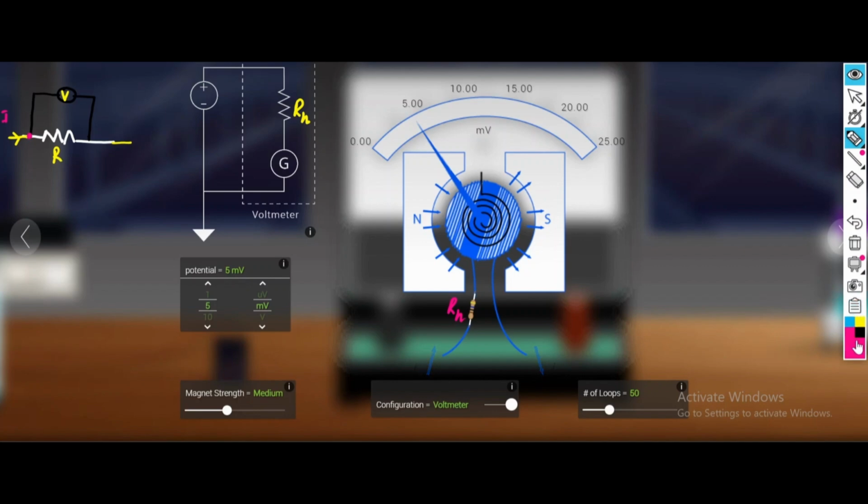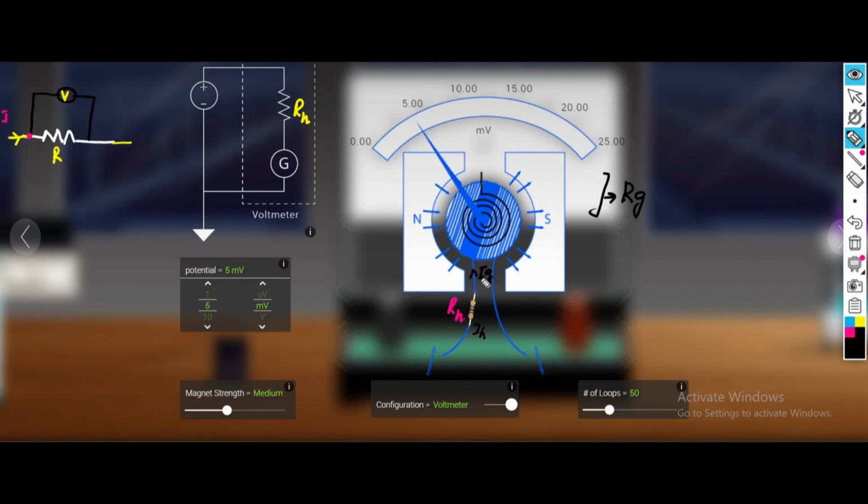That galvanometer has a resistance called RG, and the current through the galvanometer is given by Ig. The current through this resistor is given by IH. These two components, the resistor and the galvanometer, are connected in series with each other.